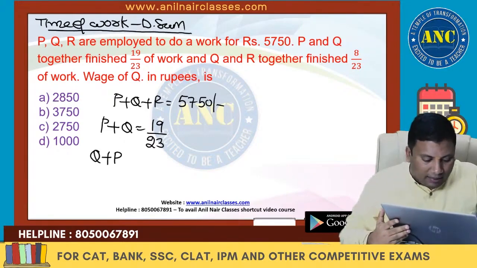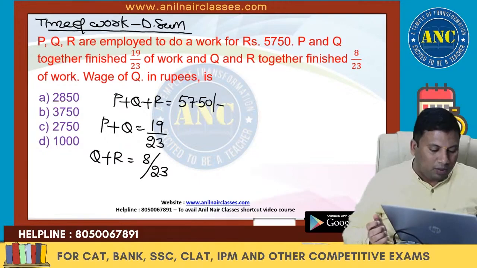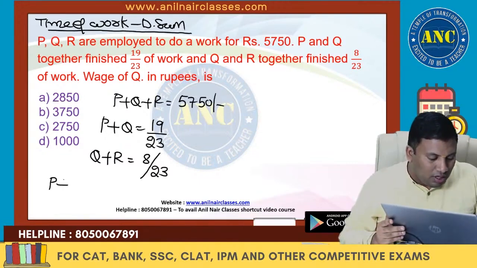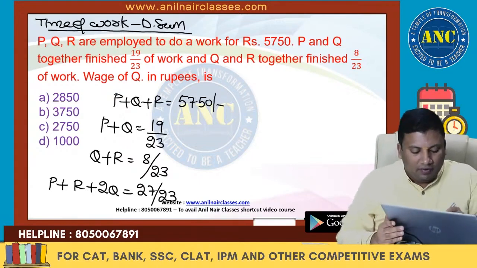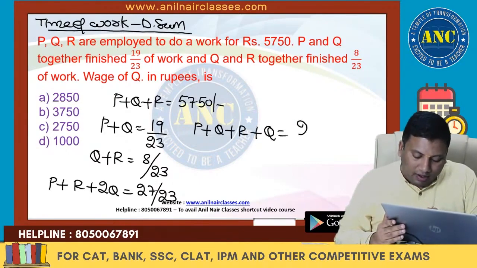Q plus R, out of 23 units, they did 8 units together. I hope it is clear. So if I do P plus R plus 2Q, it is nothing but 27 by 23. Are you all with me? These are nothing but P plus Q plus R plus Q, equivalent to 27 by 23.